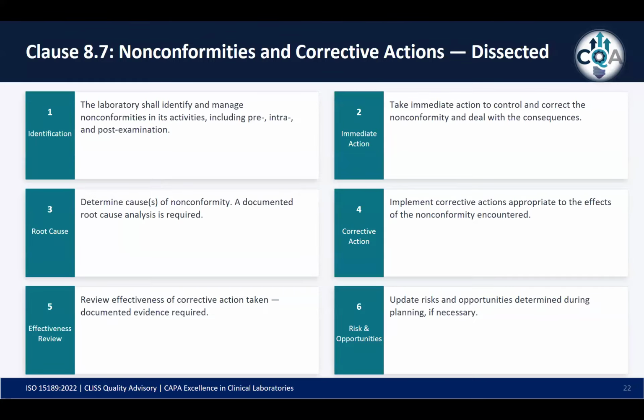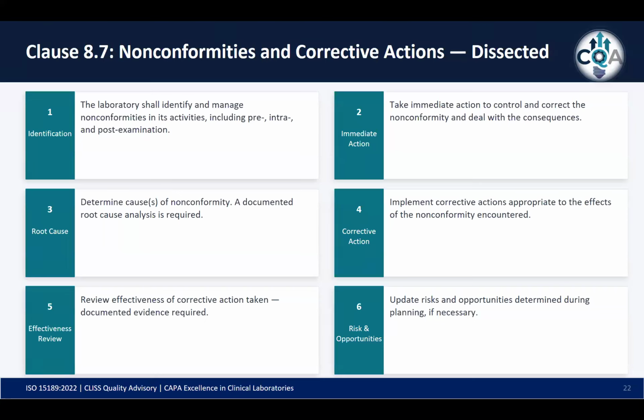After we've contained it, we proceed to carry out a root cause analysis. The standard says determine the cause of the non-conformity, and a documented root cause analysis is required. It's no longer implied, but it is required. We need to see that you did carry out a root cause analysis.